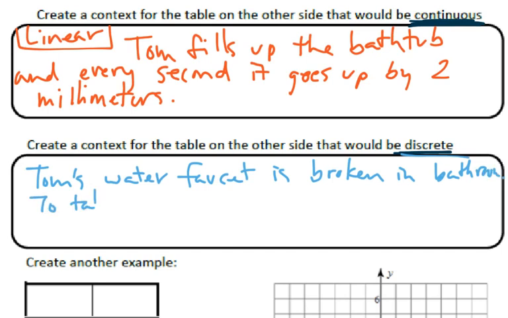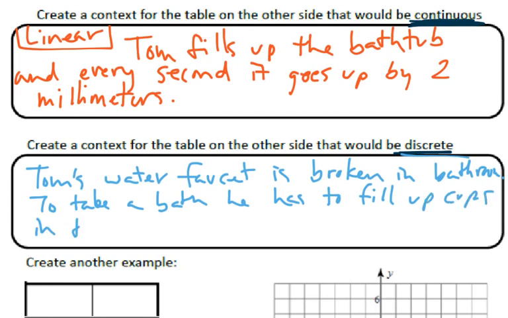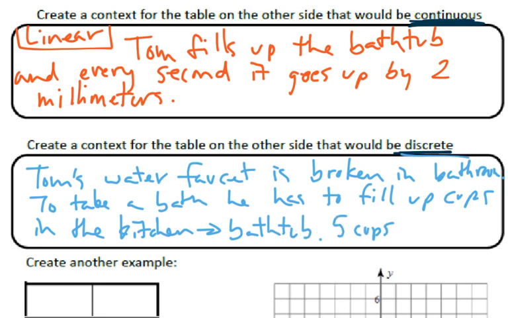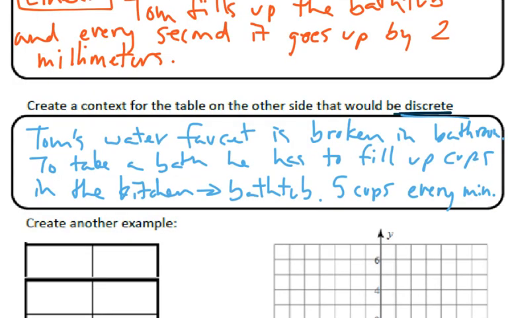To take a bath, he has to fill up cups in the kitchen and bring it to the bathroom, to the bathtub. And so he fills up 5 cups every minute. Okay, that would be more discrete because in between the time he pours it into the bathtub and goes back to get it, it's not growing at all. Okay, so that's kind of the difference between them.